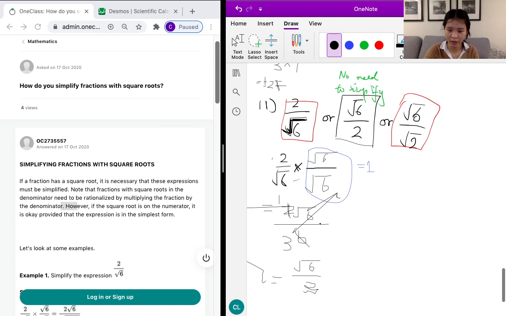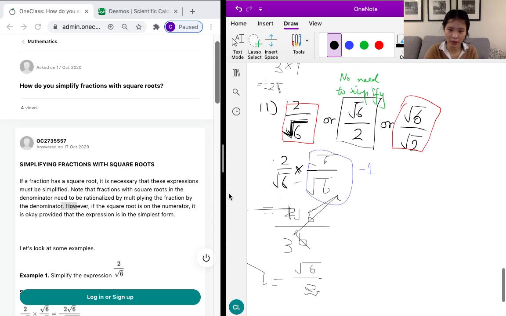Since the numerator is a radical and the denominator is not, this fraction is in the category that no longer needs to be simplified. So this is a simplified version of our fraction, and this is how we simplify fractions with square roots. This is how we solve this problem.